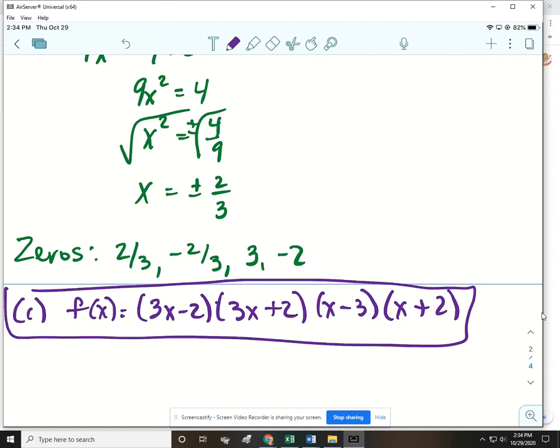I guess you technically could have written this as x minus 2/3 if you wanted to. That's not wrong. That's a linear factor, and that's true. And this other one could be x plus. This one would be x minus 2/3. Oh, sorry. I was right the first time. This one would be x plus 2/3.